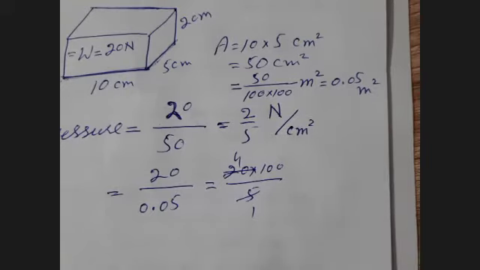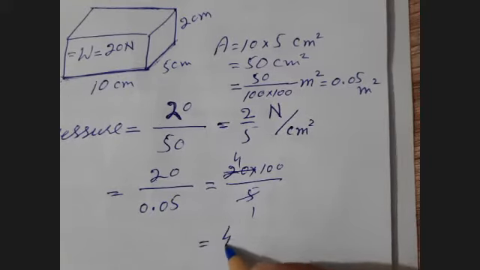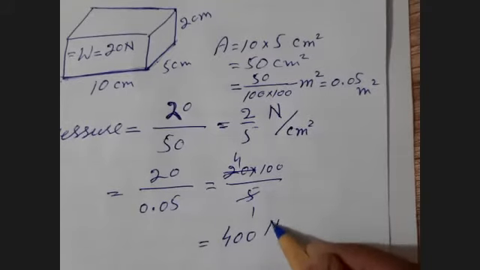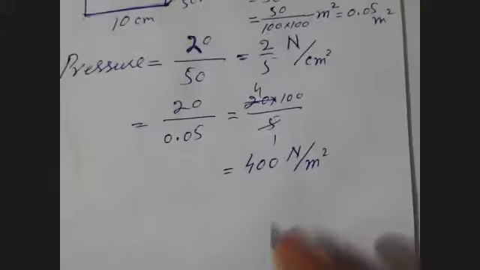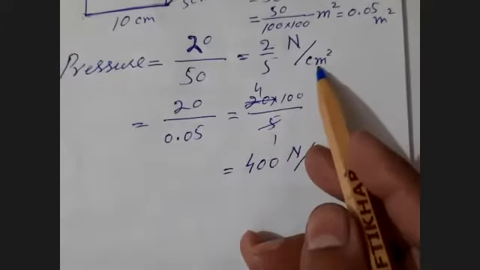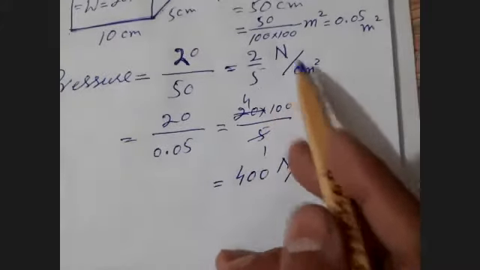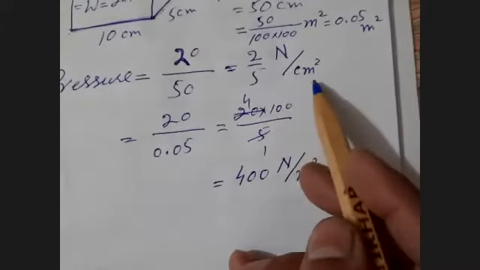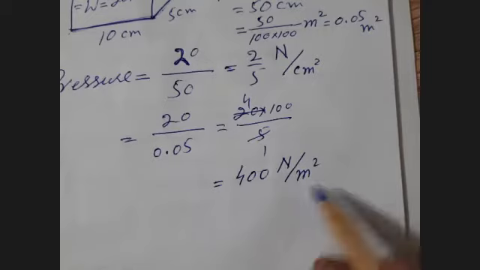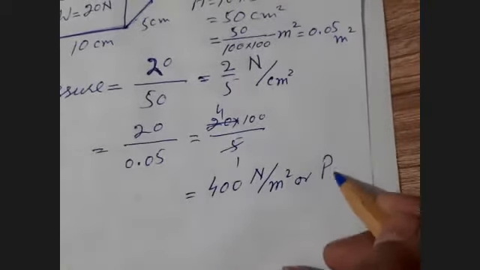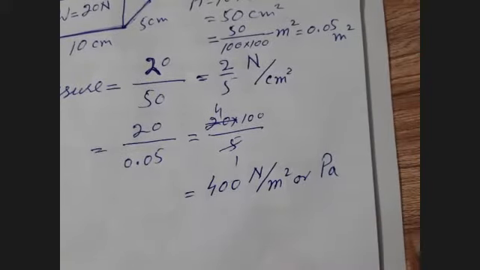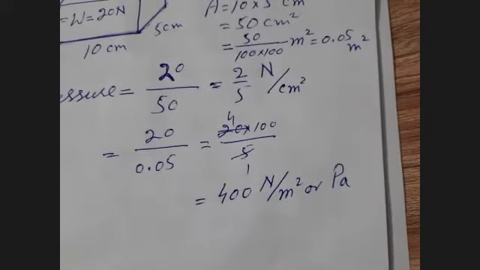So it is 400 Newton per meter square. Here you can see that in the case of centimeter square, I wrote 2 over 5 Newton per centimeter square. But if I change this area into meter square, it is 400 Newton per meter square. Now we can write it as Pascal. This can be written as Pascals, which is represented by Pa.